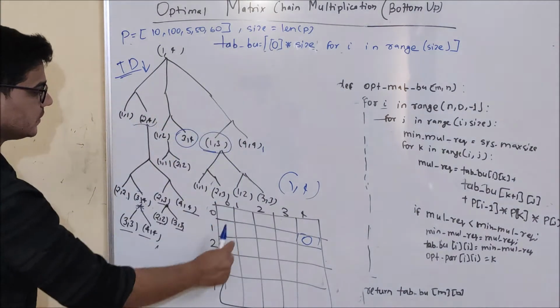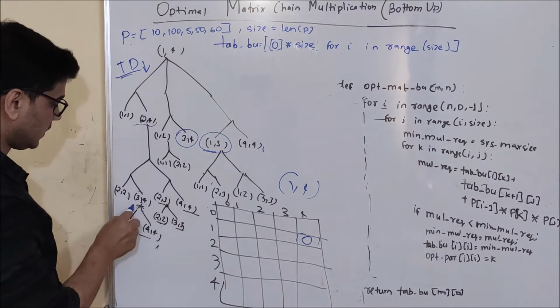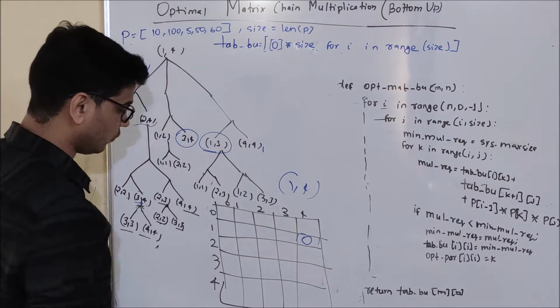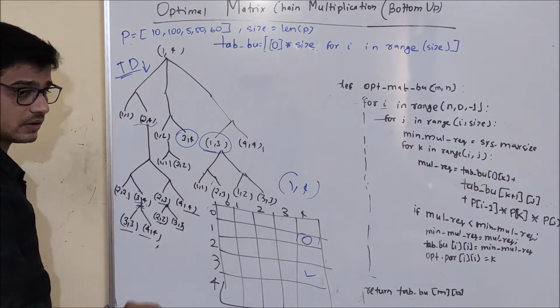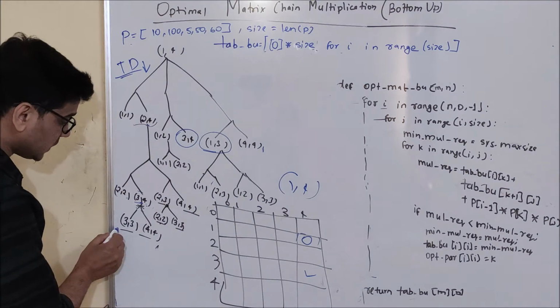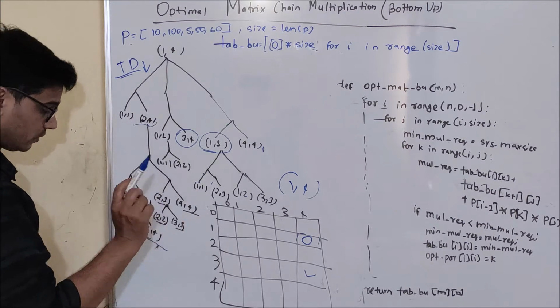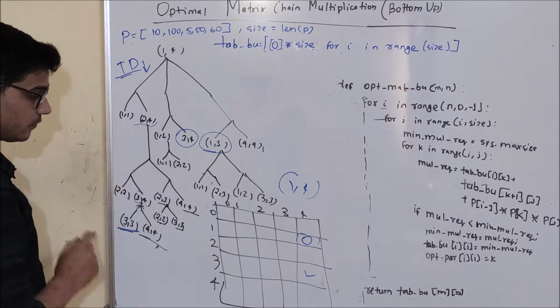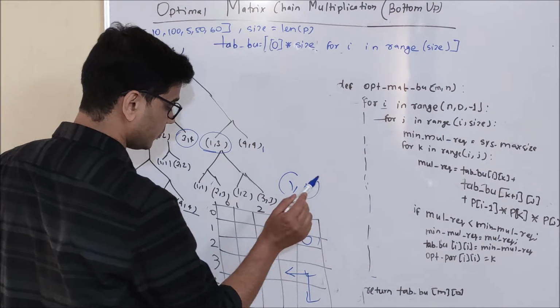Now let's imagine this particular tree in the form of a table. And let's see this example 3, 4. See, this is my 3, 4 cell, if you imagine it in the form of a table. So 3, 4 comes to its answer with the help of 3, 3 or 4, 4. This is 3, 3. This is 4, 4.